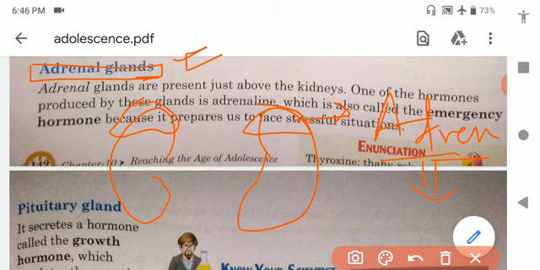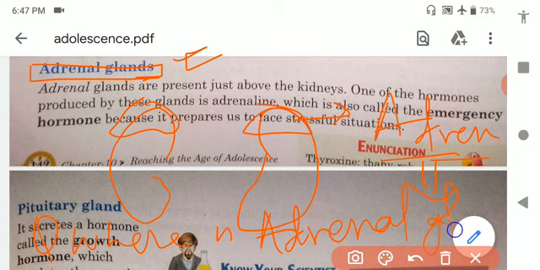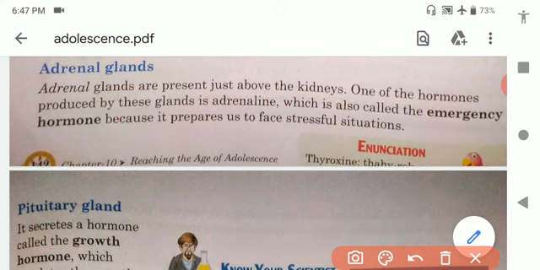So the first question arises, where is the adrenal gland found? The adrenal glands are present just above the kidney. Next question, name the hormone secreted from the adrenal gland.